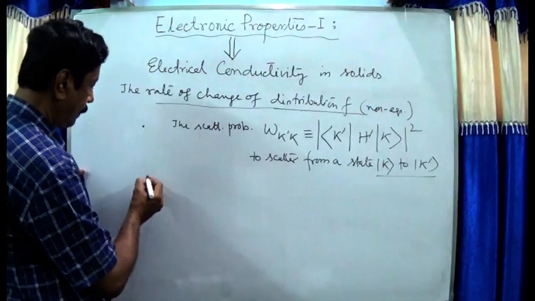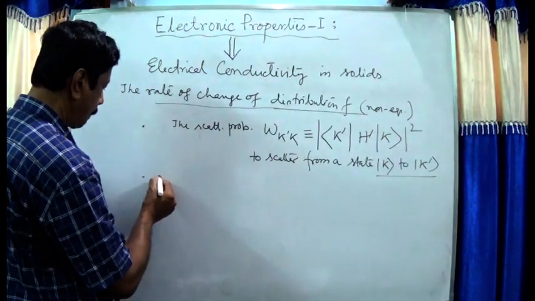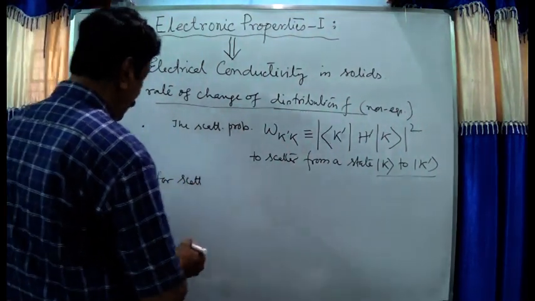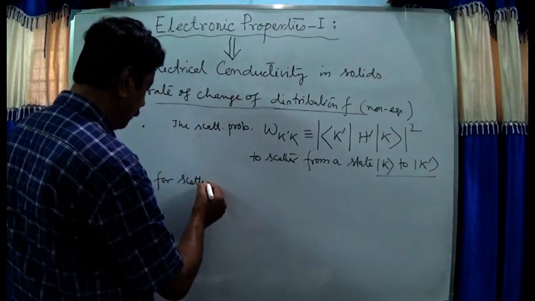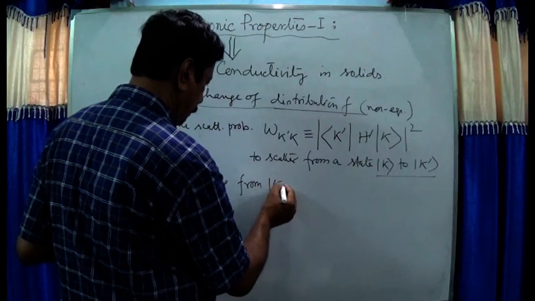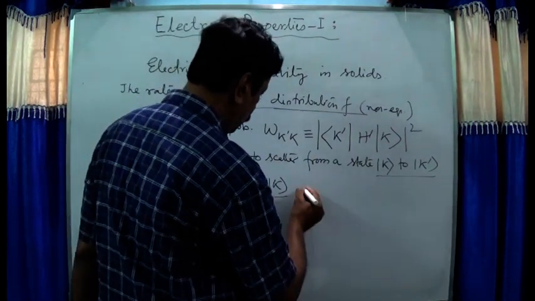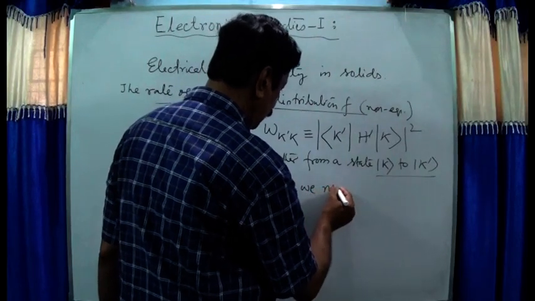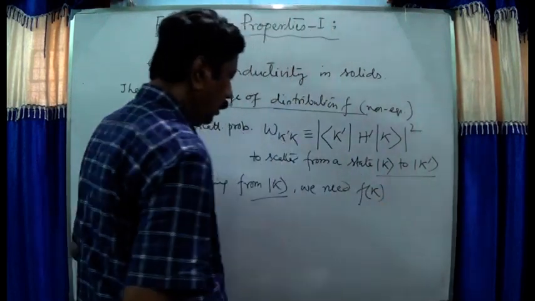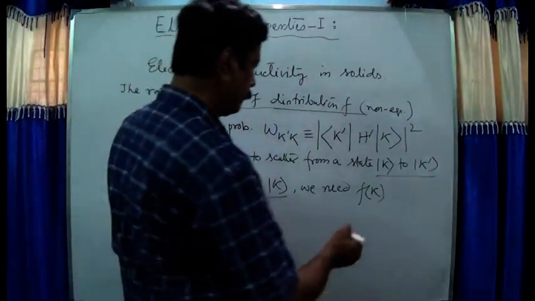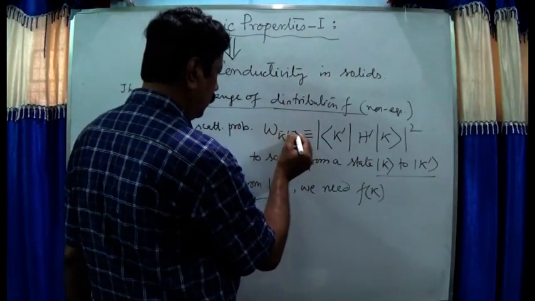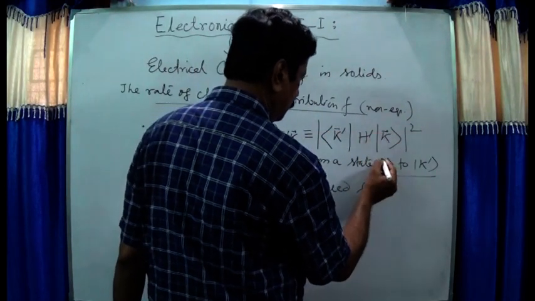So for scattering from a test state, we need the distribution labeled by k, right? We are not writing the vector form also, it is all vector.